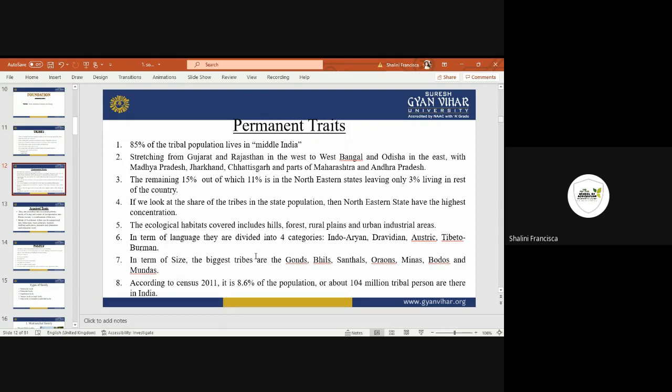Maybe they have migrated from there, maybe some are from other castes also. So it has a mixture of different castes or societal divisions. But in the Northeast, almost all the population living there belongs to some tribe or other.